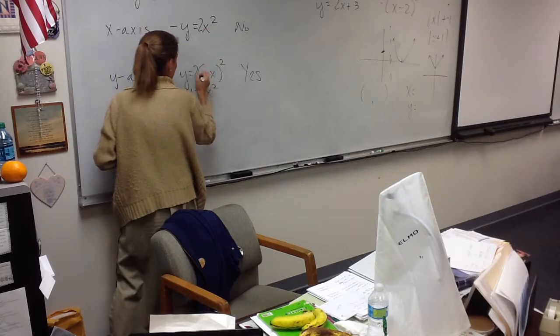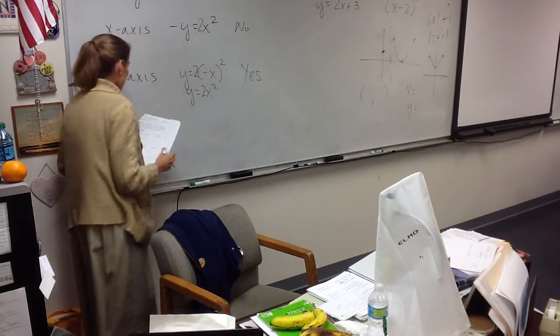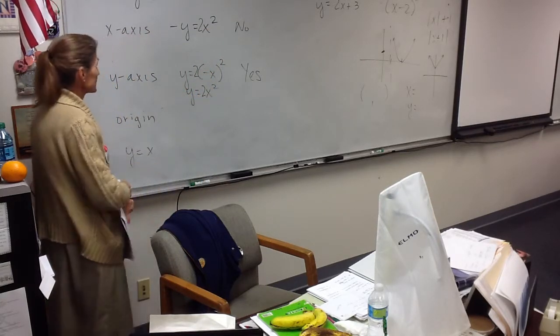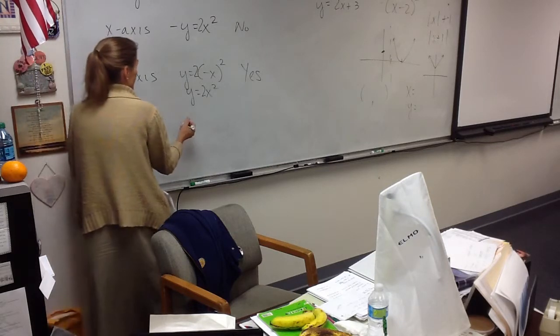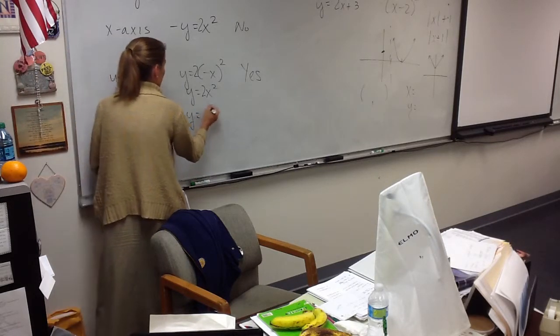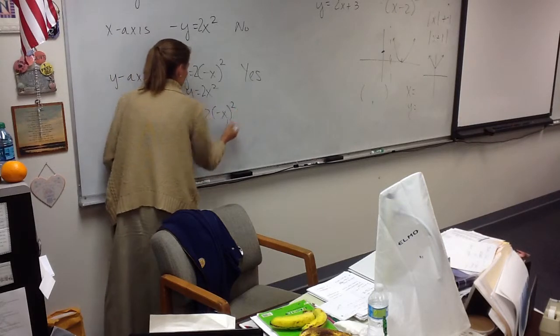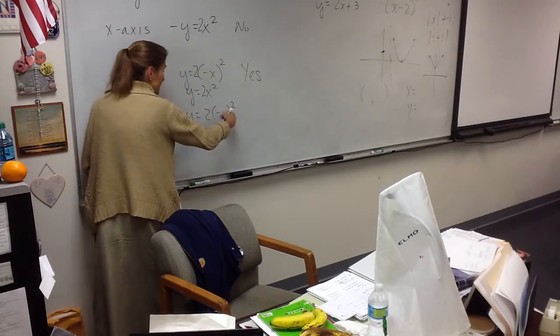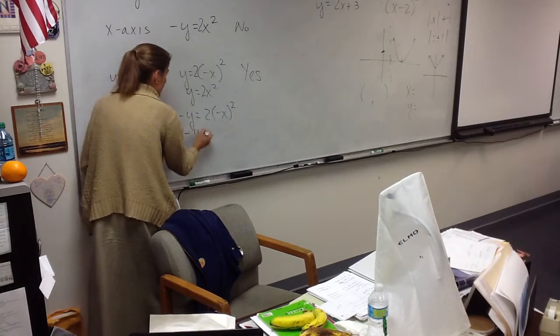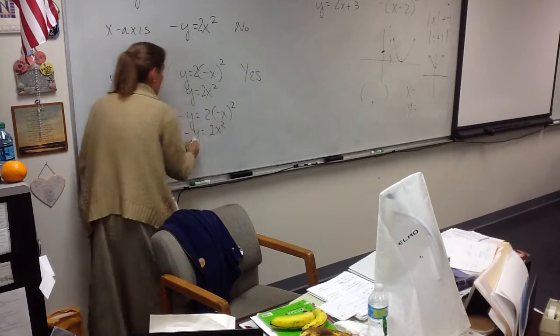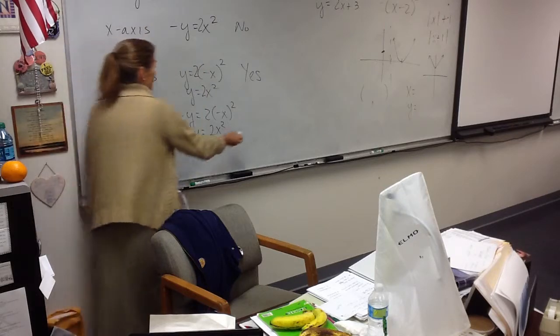That hasn't changed anything. Okay, origin. What's the test for the origin? Change them both. Now, when you simplify, this cancels, right? This does not. So does that leave me with the original equation? Nope.